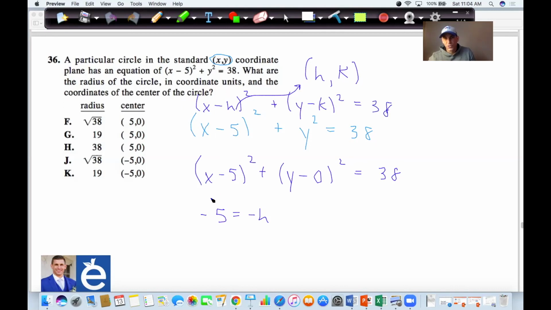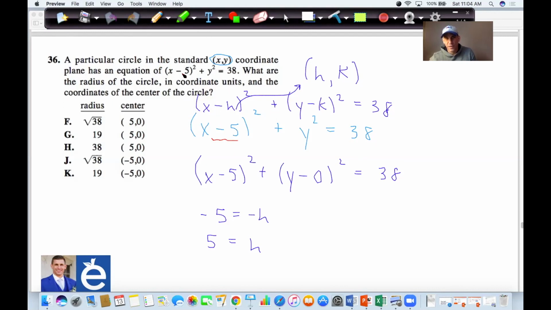So my negative 5 here, my minus h, means that h will equal 5. The way that I generally do it, because I've become accustomed to doing these rather quickly, is you take whatever is inside here, and you remember that it's a minus h and a minus k, so you just flip the signs.